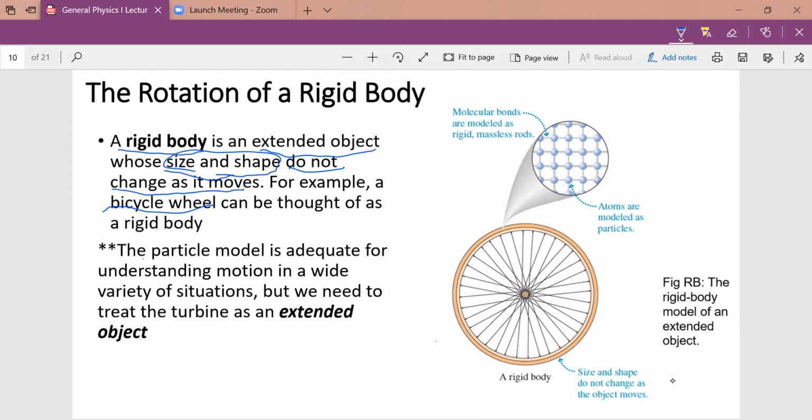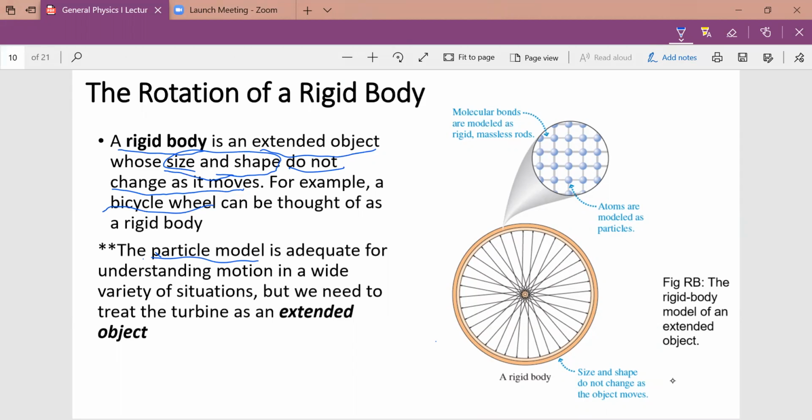And the unique thing about a rigid body is that what we used to know as our particle model becomes inadequate to understanding the motion of this very unique, let me use the word complex kind of motion, where we have a rotational motion at the same time with other types of motion, which we will look at immediately after this slide.